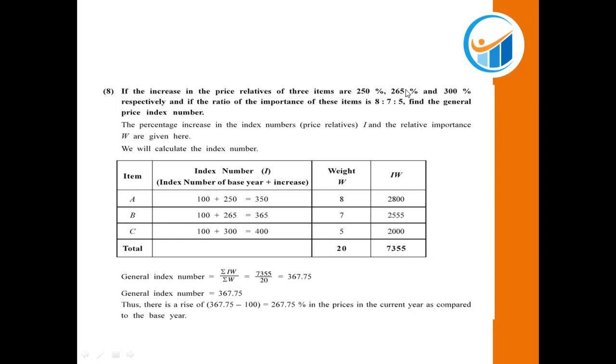If the ratio of the importance of these items is 8:7:5, so ratio of importance means we consider it as weight.